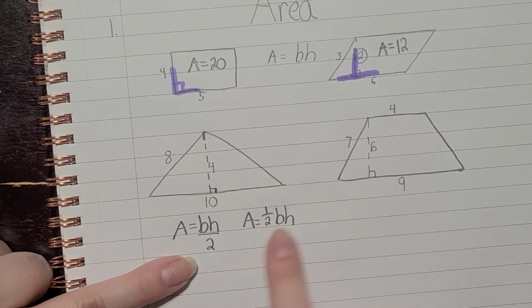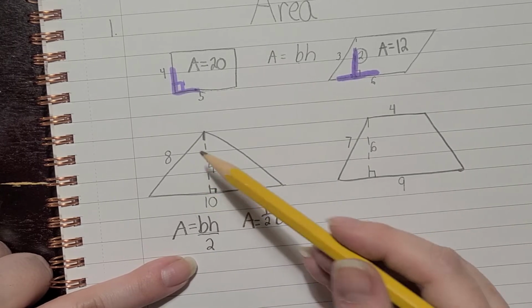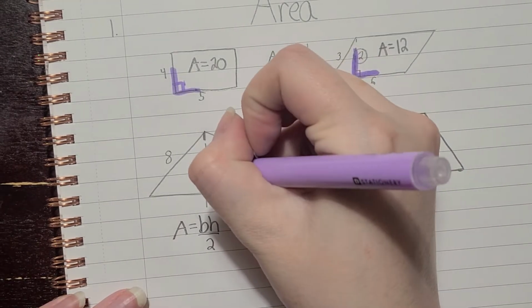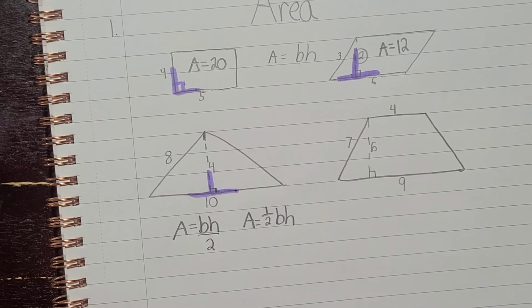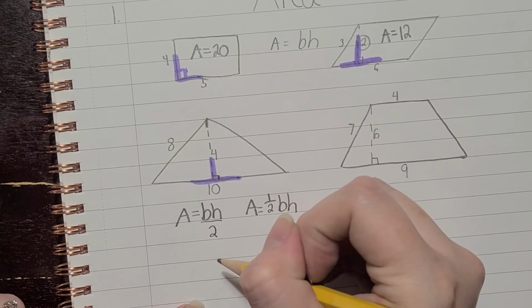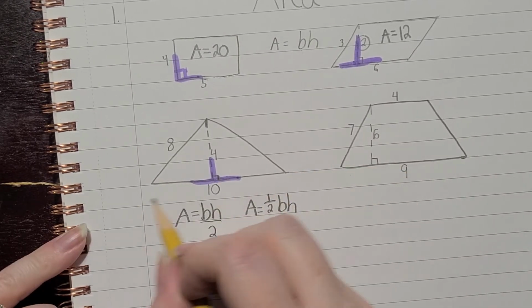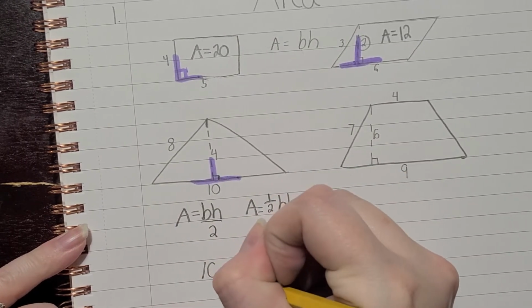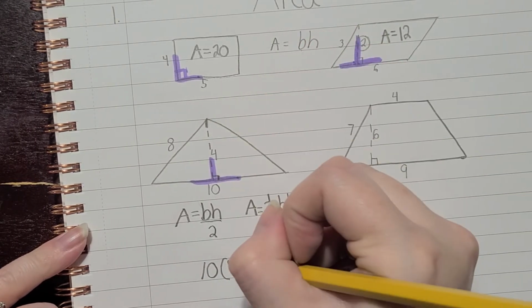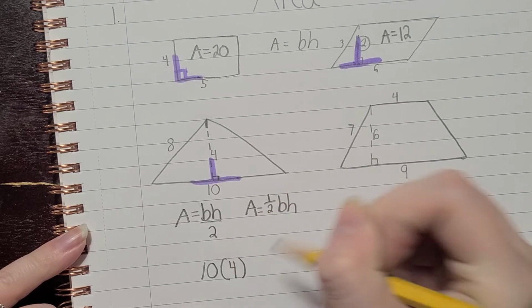Okay, so if we go plug this in, I'm going to go find my right angle. Okay, it branches off of these 2 lines here. So I know that my base is going to be 10, all right, along the bottom. And my height is going to be 4 going up and down off my right angle.